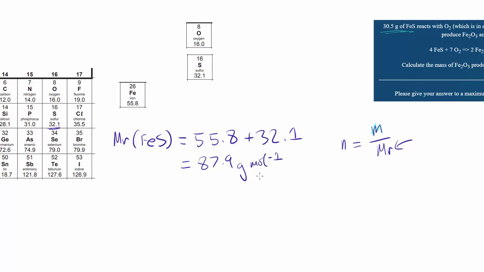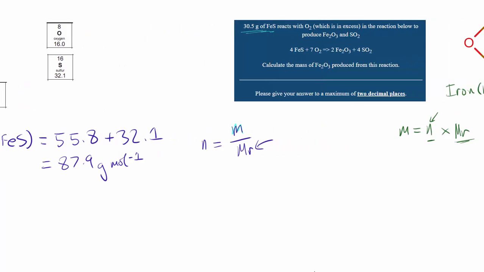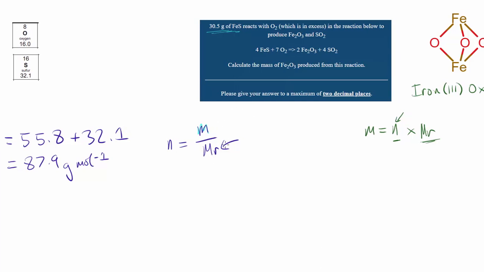Right? Now this we then use to work out the number of moles. So we've got the molar mass, and we've also got the mass from the question, right? So let's now work out the moles using this information.